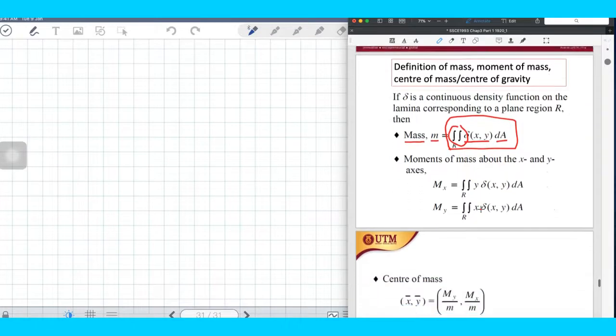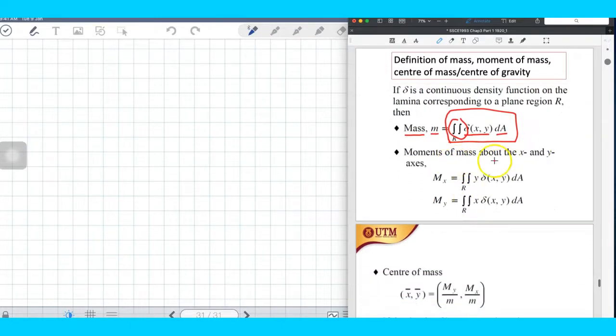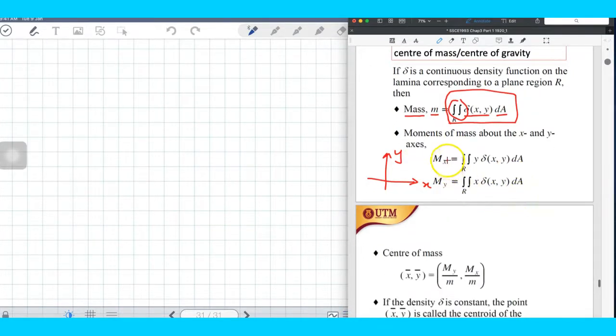For the moment of mass, which is given by capital M, it can be with respect to the x axis or the y axis, because in 2D we only have x and y.